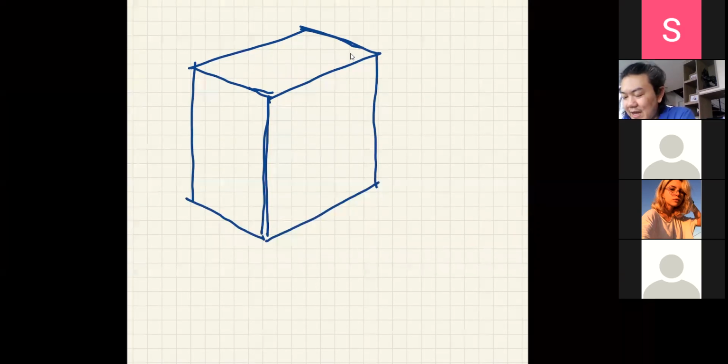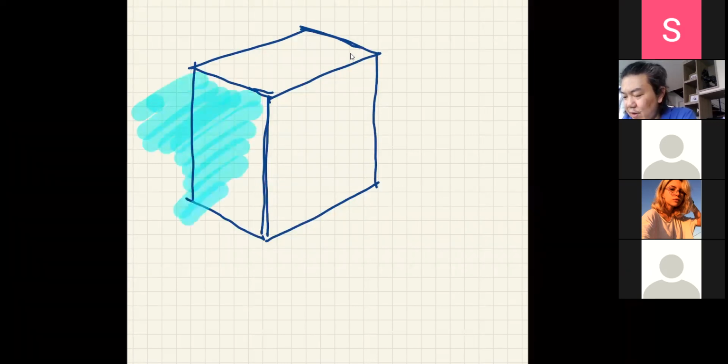Let's say the wind is going to come in this direction. It's going to hit your building head on to create a wind pressure. And in fact, the wind can also come in this direction. You have to take care of both directions, but for the sake of demonstration, let us focus on one direction first.